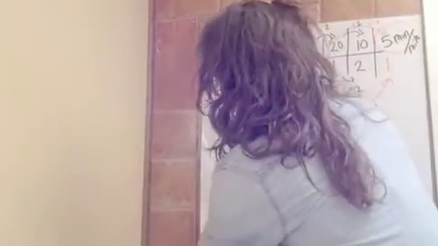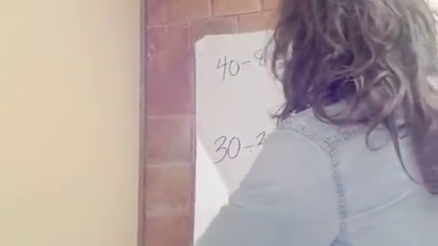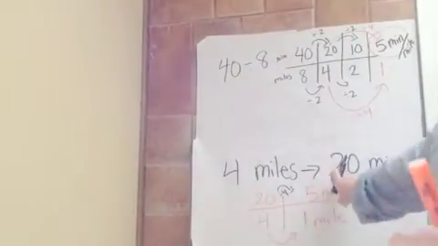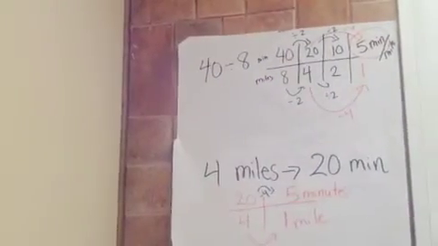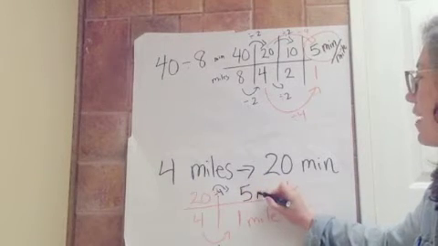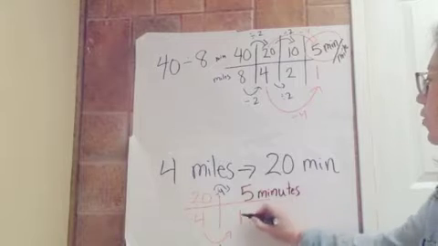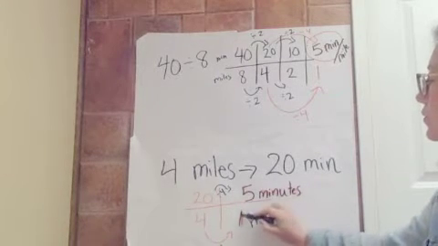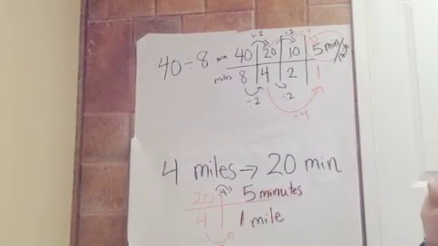But I want to ask you a quick question first. The very first one we did, where we had 4 miles in 20 minutes, I'm noticing a connection. Our very first ratio table, we got a pace of 5 minutes per mile. I'm wondering when you look at 40 divided by 8 what you see there.